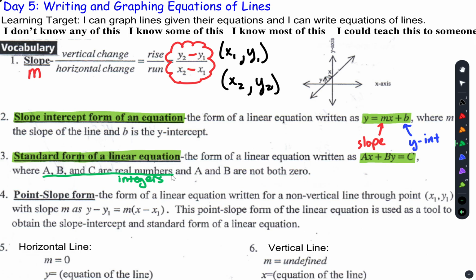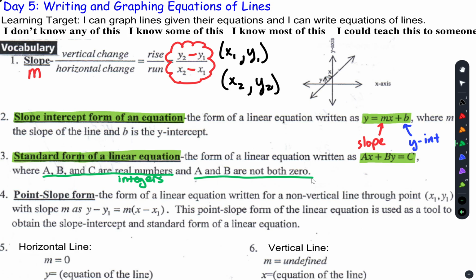Do we know what integer means? Integer is a whole number, so our numbers are never going to be fractions if they are integers. And then the other rule is that a and b are both not 0. Okay, so that's standard form. We don't use it a whole ton, but it's got those 2 rules that we need to look out for.